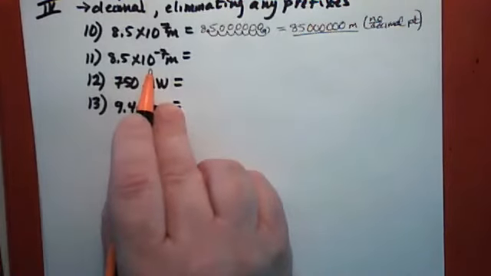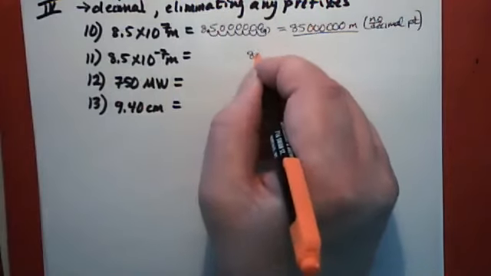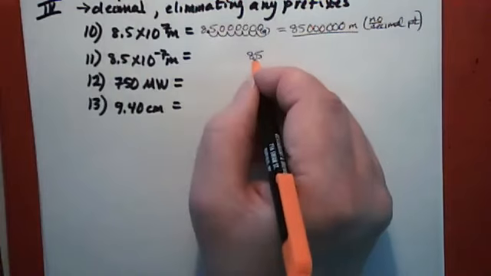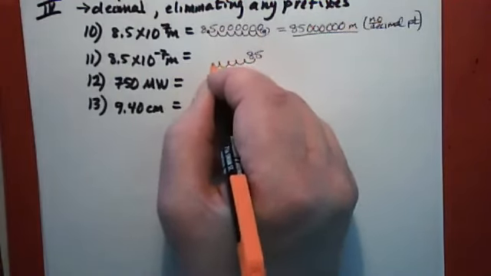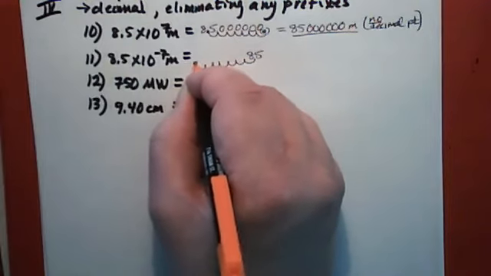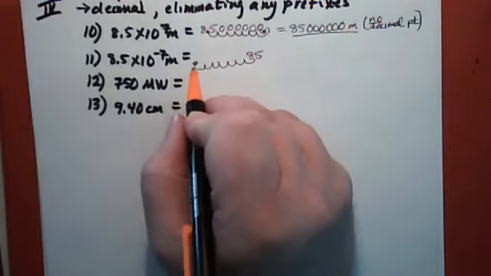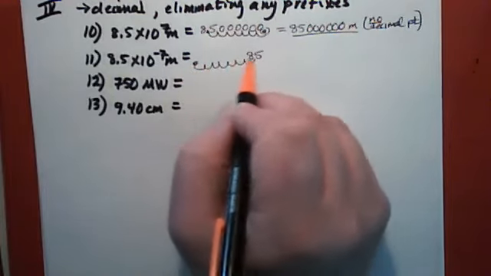Here we have 8.5 times 10 to the minus 7, so you have to do pretty much just the opposite of what we did. You have to move the decimal point 7 spaces, but to the left instead of to the right. So 1, 2, 3, 4, 5, 6, 7. This time you can write the decimal point in because remember, zeros at the beginning of a number never count whether there's a decimal point or not.